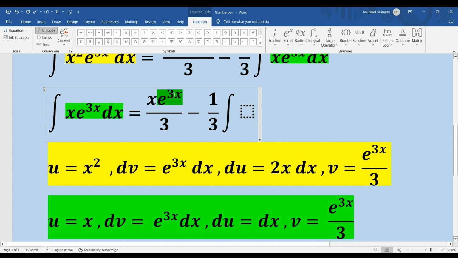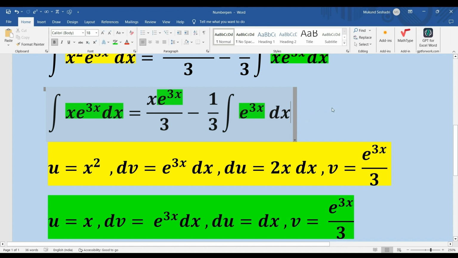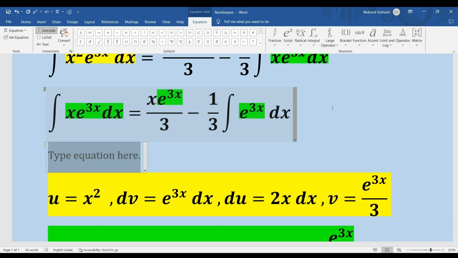So let's write that down. Now, do I know the answer for integral of e to the power 3x dx? The answer is yes, I do know it. Therefore, let me go to the next line. I do not have to do any further simplification as far as integral of x into e to the power 3x is concerned.